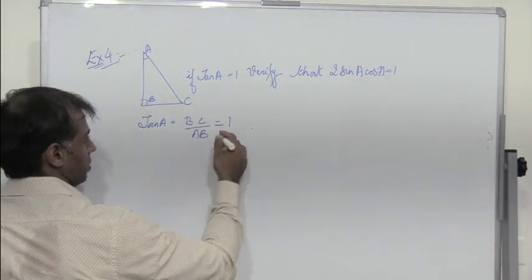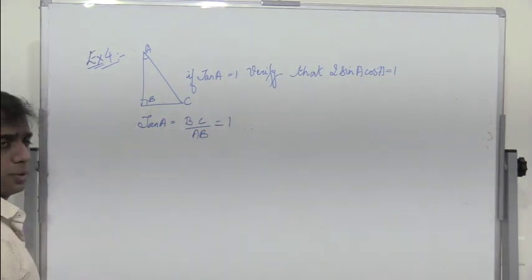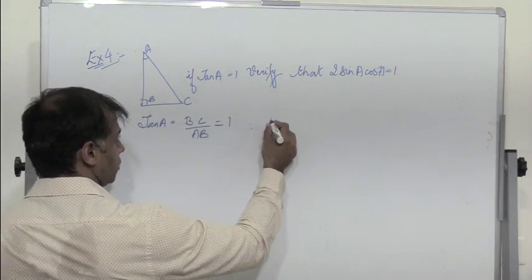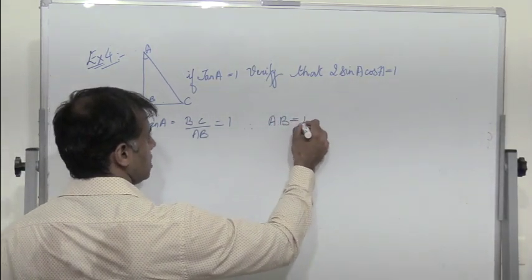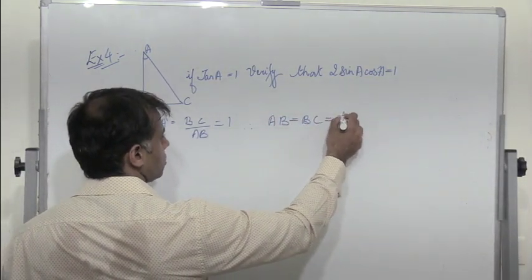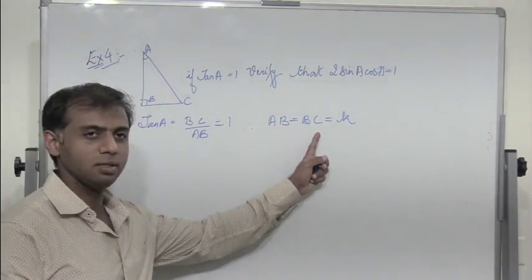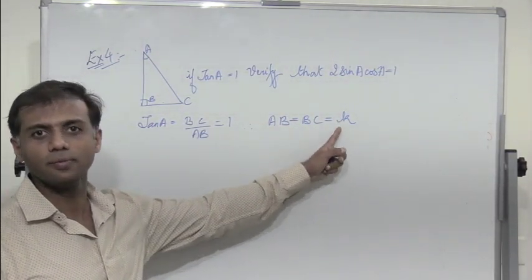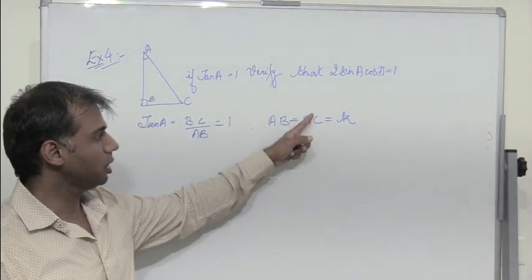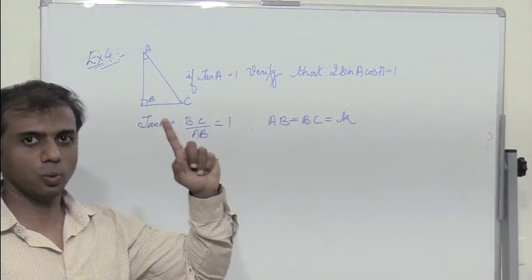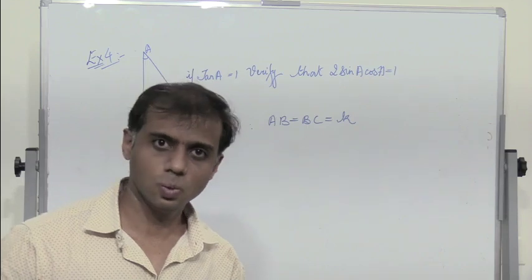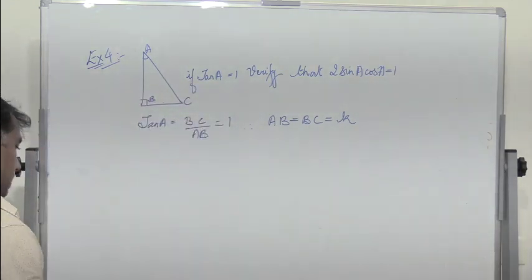It is 1 where both of them are equal. AB is equal to BC, right? So let's assume that AB is equal to BC is equal to some value K. If I take the ratio, I will get K by K, which is 1. So tan A will be 1. Right.